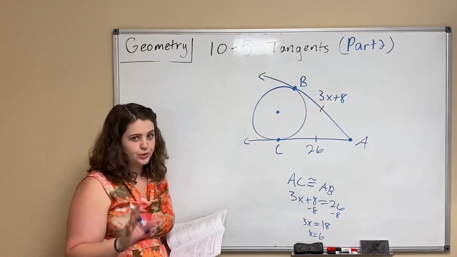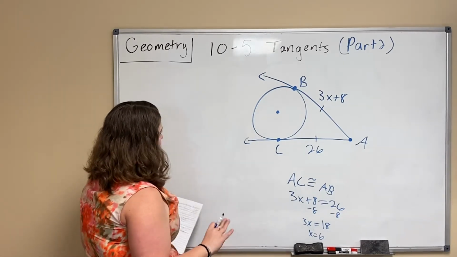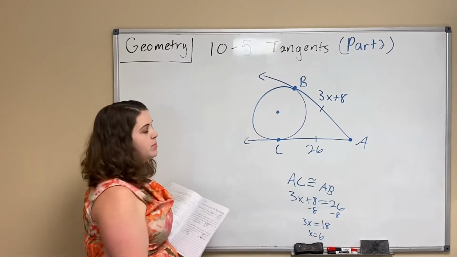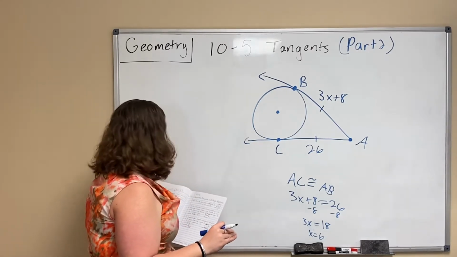What else we can do with this information is figure out what to do when we have circumscribed polygons. Polygons that are on the outside of our circle.